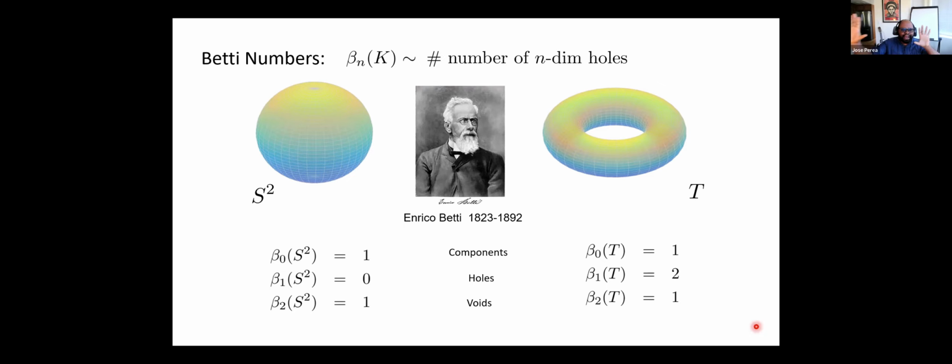If two spaces have different Betti numbers, then they will have different shapes, okay? And then what we hope to do is compute similar things for data. You hope to compute things that look like the Betti numbers for point clouds, like the ones coming from the cyclo-octane space or the space of pentagons. Okay.